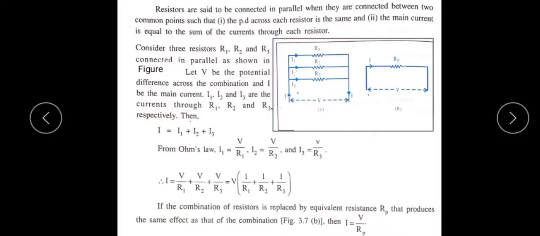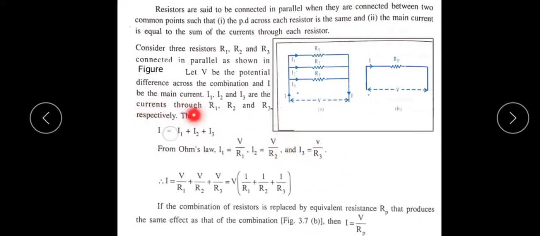For the first resistor, I1 is equal to V by R1. For the second resistor, I2 is equal to V by R2. For the third, I3 is equal to V by R3.